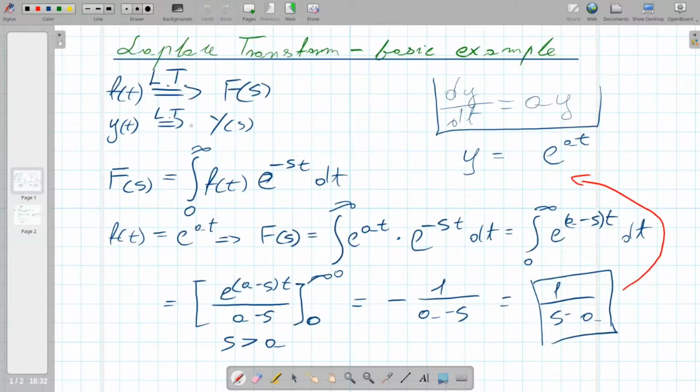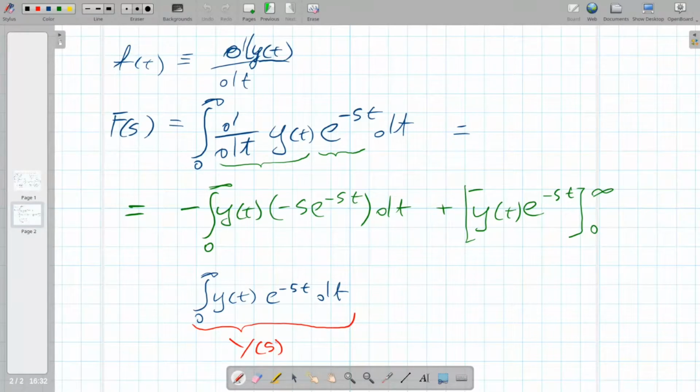And we also have this s, but here we integrate over dt, so s we can treat as a constant, so it goes out. So we have actually s in here.